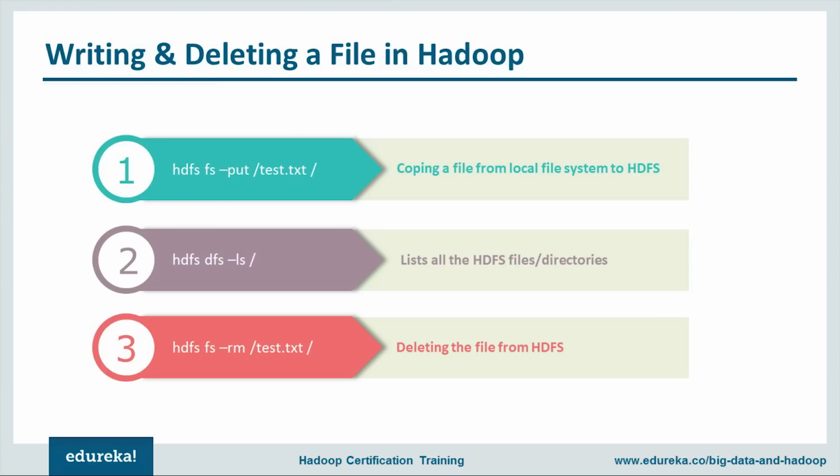If you want to list all the HDFS files, you can do that using this command. If you want to remove that file, you can use this command, hadoop fs -rm, which is used for removing. This is also the first step that you need to do when you're starting to analyze something. This is the way that you copy your data sets into HDFS first and then analyze them.